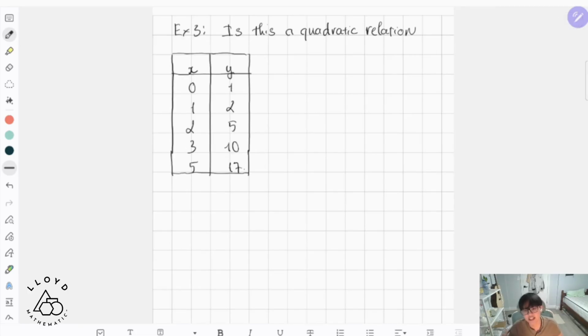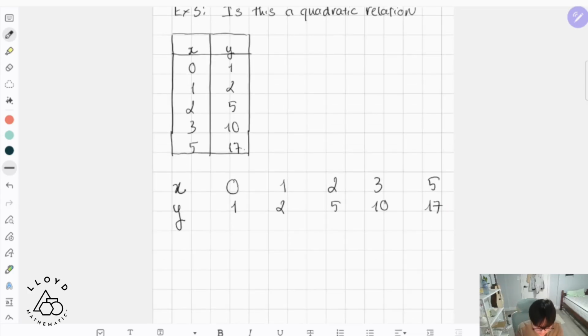If the question asks us about a quadratic relation, we need to calculate the second differences. So I put the numbers in here. X is 0, 1, 2, 3, and 5. So Y is 1, 2, 5, 10, 17.